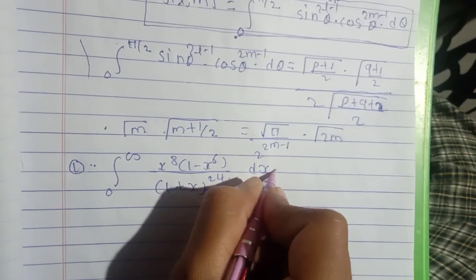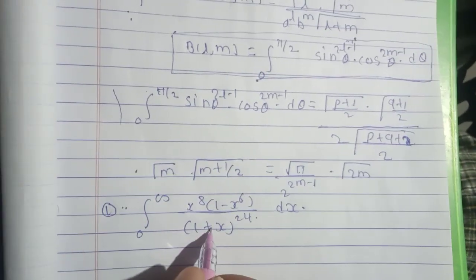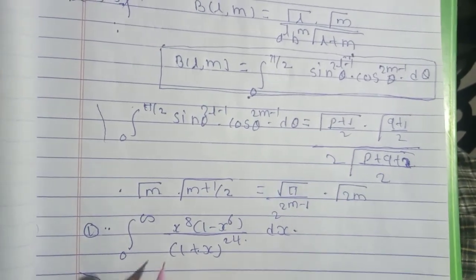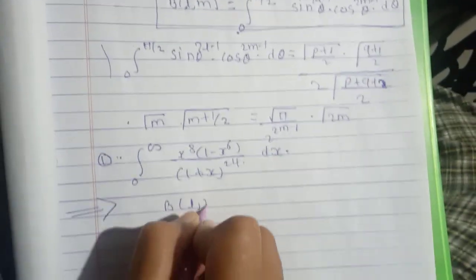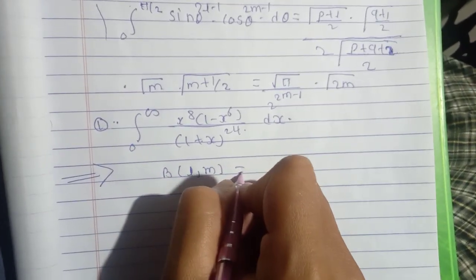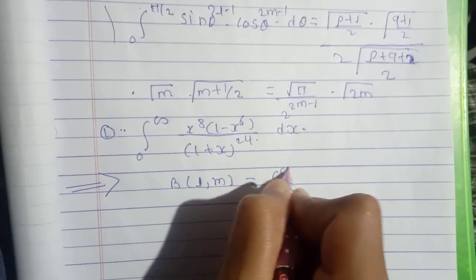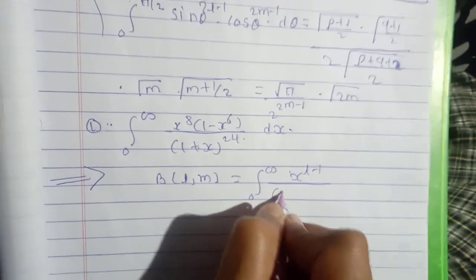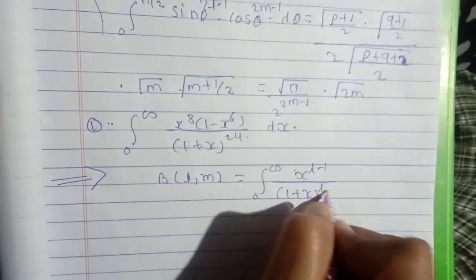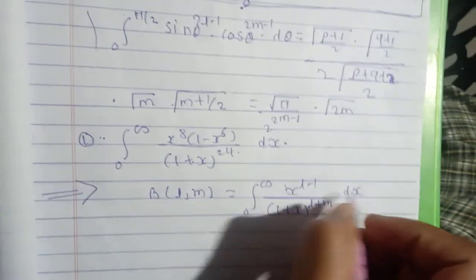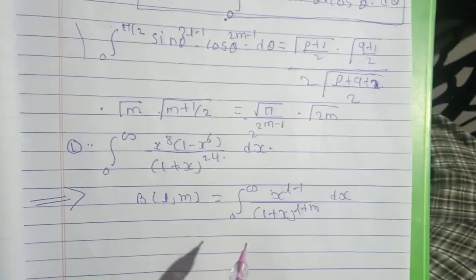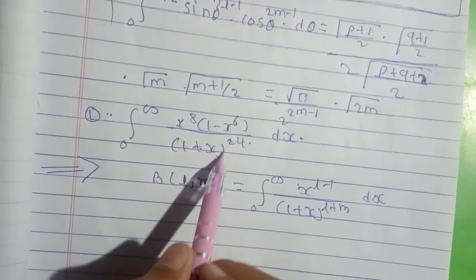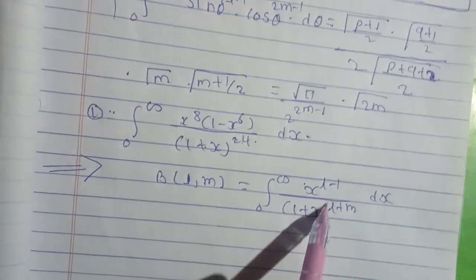Then we have to use this formula, that is beta of l and m is equal to integration 0 to infinity x raised to l minus 1 divided by 1 plus x raised to l plus m dx. Here 1 plus x raised to 24, that is l plus m.